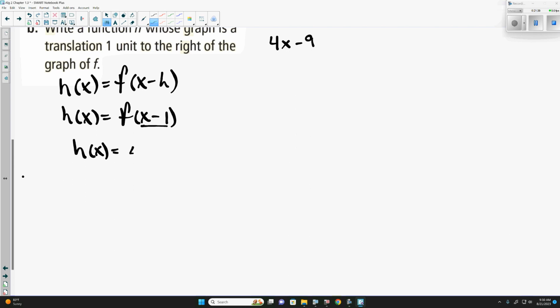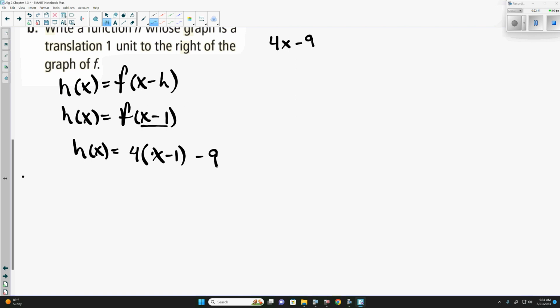So we'll have 4 parentheses x minus 1, close parentheses, minus 9. I will tell you this now, anytime we plug something into a function, I will always start it off within parentheses. And this here is part of the reason why. The last one did make a difference because we had nothing in front of those parentheses, nothing to multiply by. All we had was positive 1. We didn't have a negative sign, we didn't have a number. But here, we have the 4 in front, yes?